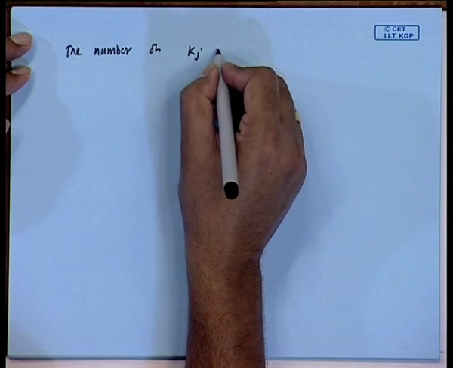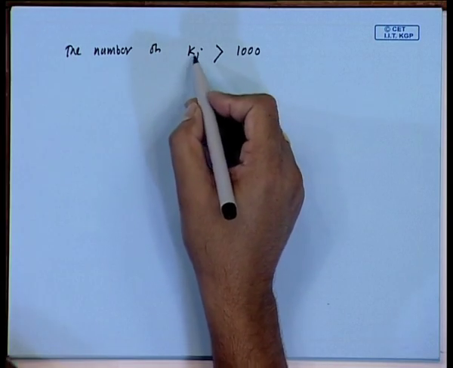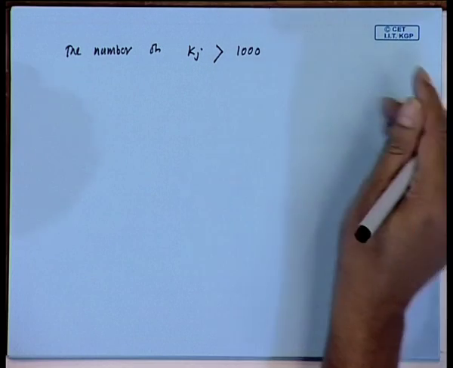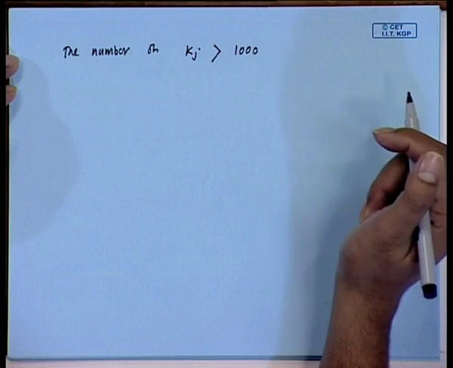Because if k_j is greater than 1000, then that indicates a severe problem with multicollinearity.